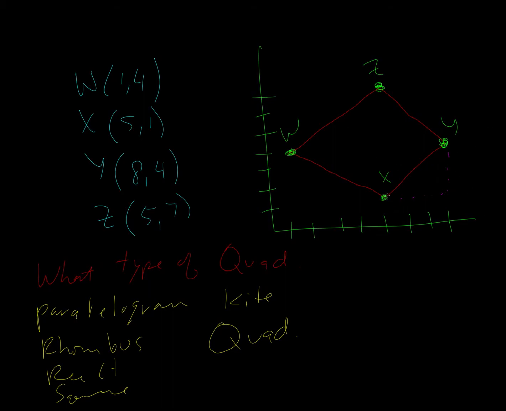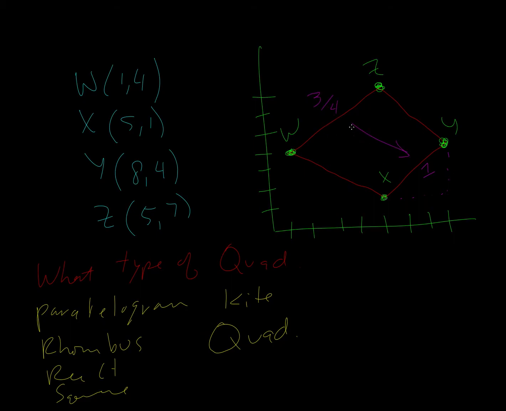So if we go from W to X, the rise is 3, and the run is going to be 3 as well, and so this has a slope of 1. So this needs to have a slope of 1, or it's not even a parallelogram. So we go 1, 2, 3 up, 1, 2, 3, 4. So it's 3 over 4.